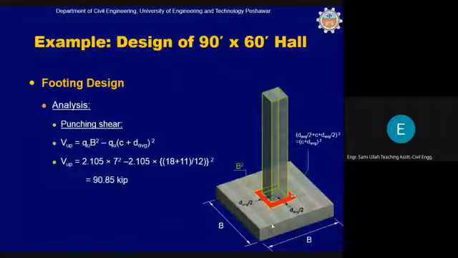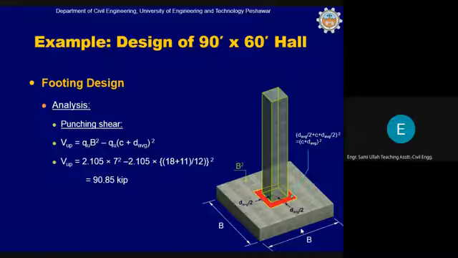When it tends to resist this load, this pad will be lifted up from the sides. The column cannot be lifted because the load is coming through it, but the far ends of the pad can be lifted up, giving rise to a negative bending moment at this edge of the column.